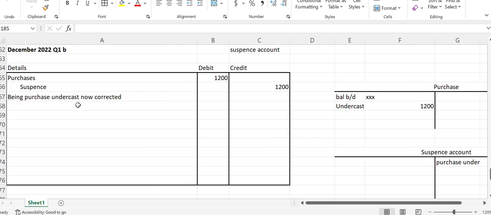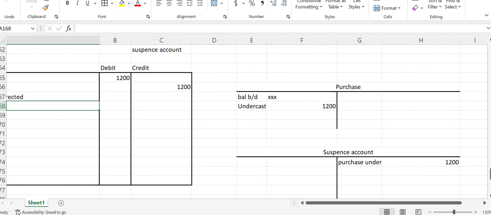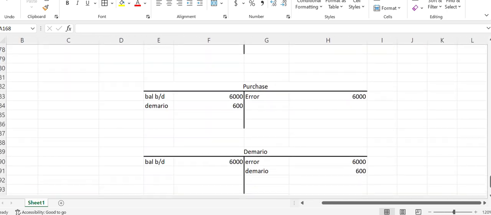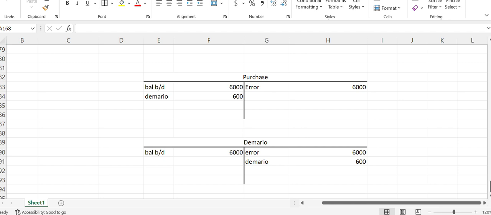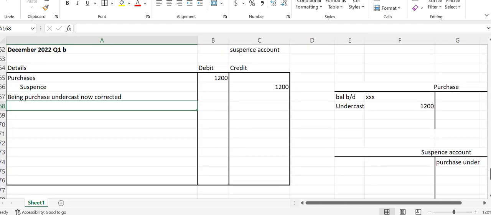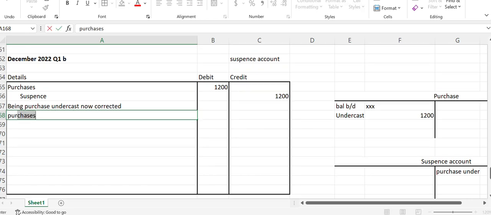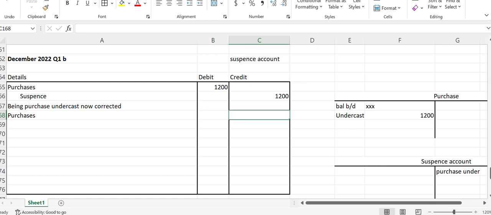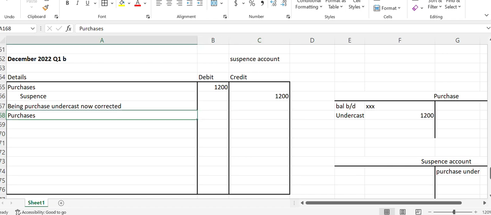So what about now in the ledger accounts? Tutakuja hapa tumedebit nini, tulikuja hapa tukafanya nini? You follow what you've done. You have credited 6 million in the purchase account to remove the error. Acha tuanze na yenye tumedebit.